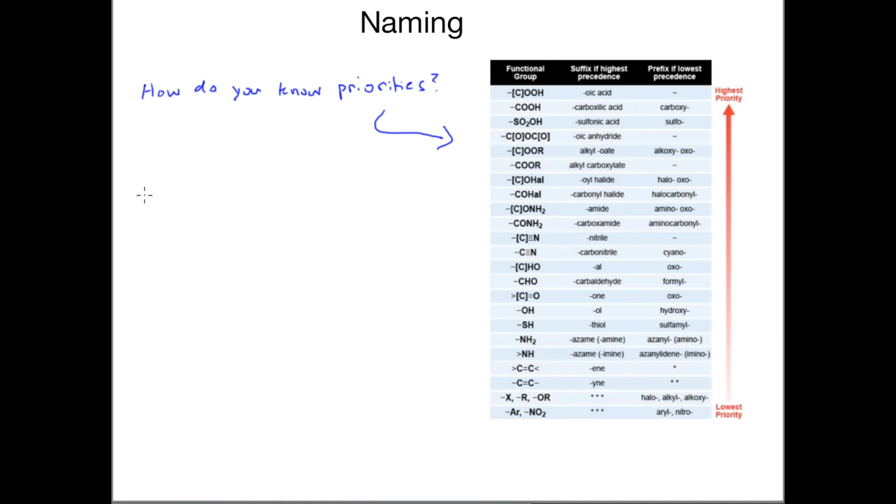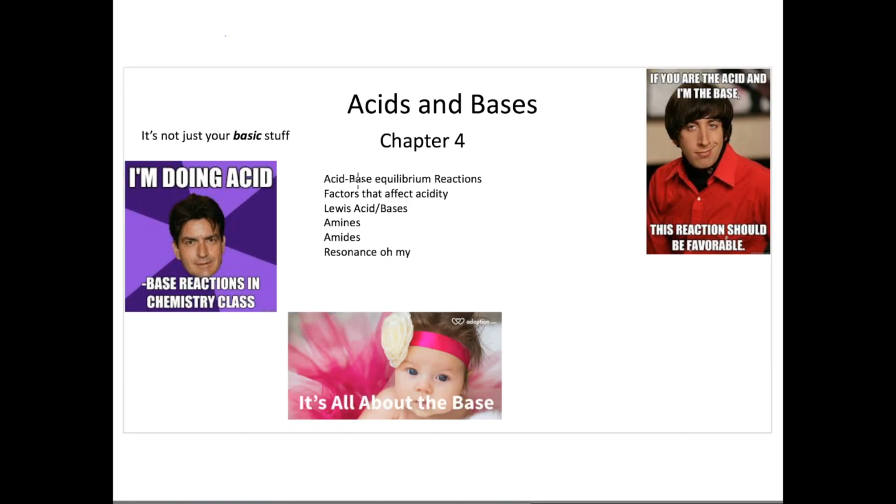Those are your ethers, alkyl halides, and alkyl groups. Right, and you can see one above that is the double bond. So that is the reason why we chose to give the double bond the higher priority. You want to make sure that you use this chart to help you in naming. Right now, mostly you just need to be concerned with alkyl halides, alkyl groups, and double and triple bonds. That's pretty much all you need to worry about for that at the moment.